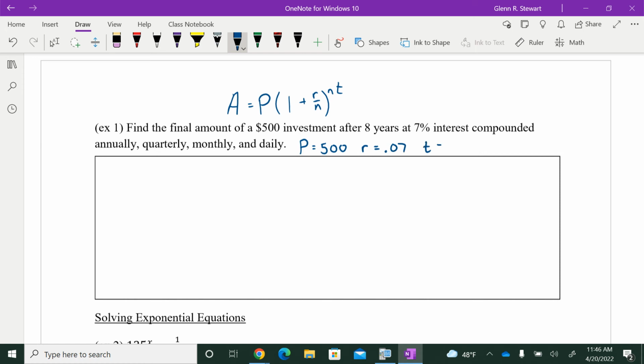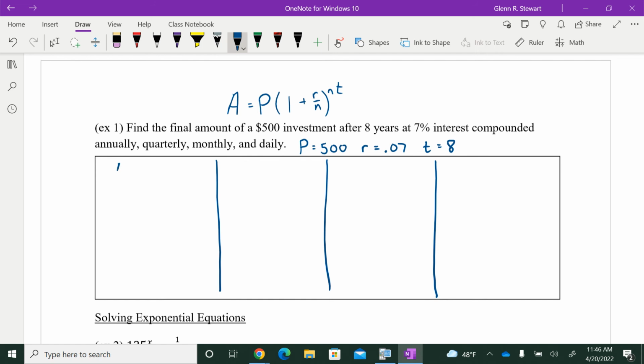The time that it takes is 8 years. And then the compounding stuff is the other annual, monthly, daily, quarterly type of thing. All right. So let's break this up into four different problems.